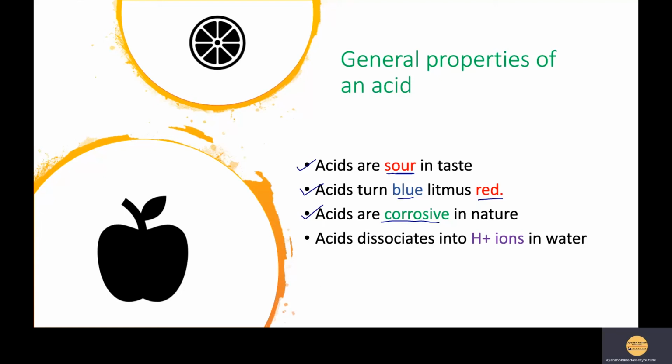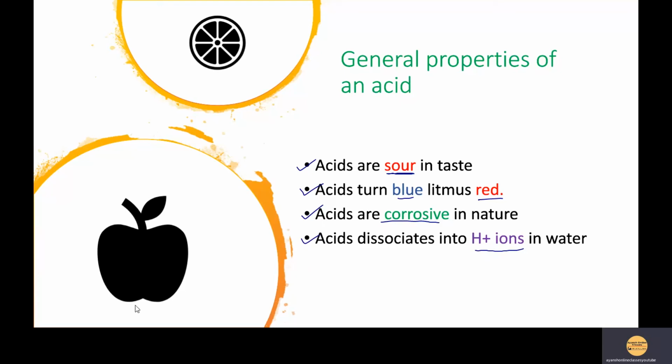So that's why it is said that it is dangerous to touch, and you need to handle it with utmost care. Then the next property is, when you dissolve any kind of acid into water, it will dissociate and give out H plus ions, that is, hydrogen ions will be released into the water. So these are the four basic properties of acids which give them their characteristic behavior.